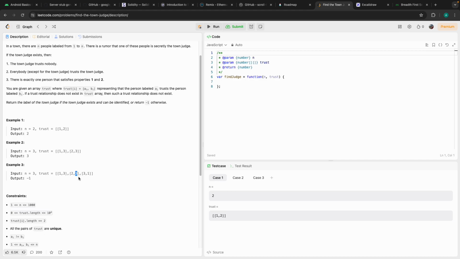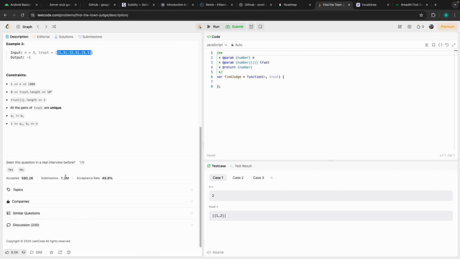If in some pair the second value is not equal with the previous, then we don't have a judge.